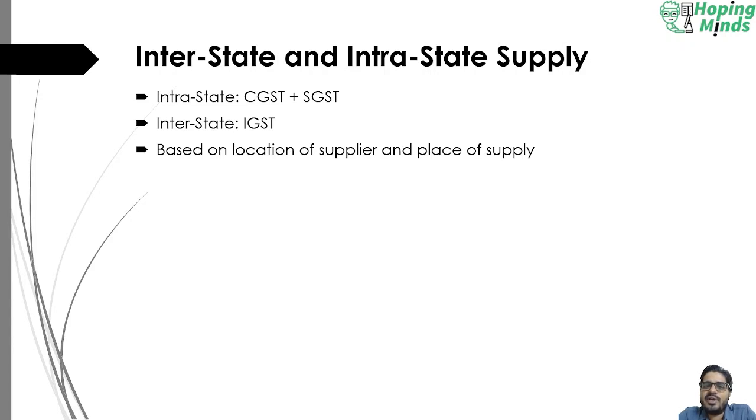So in case of intrastate supplies, CGST and SGST is charged, that is 50% of the total tax rate is charged under the CGST and rest 50% under the SGST. Then interstate supplies. Under the interstate supplies, goods and services are traded beyond the boundaries of state. In such supplies, IGST is charged.